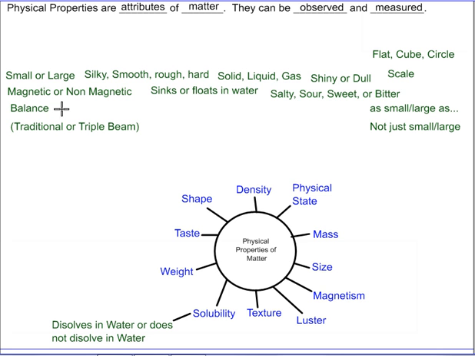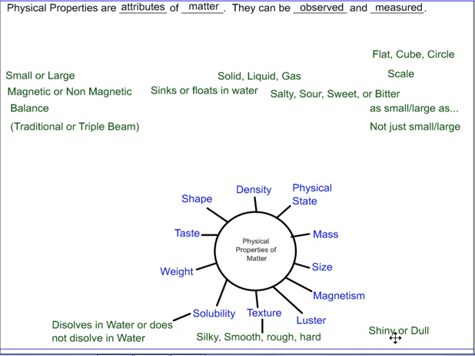Texture, the descriptor words for texture are silky, smooth, rough, or hard. Your luster words are going to be shiny or dull. Magnetism is one that y'all are familiar with. Is your item magnetic or is it non-magnetic?